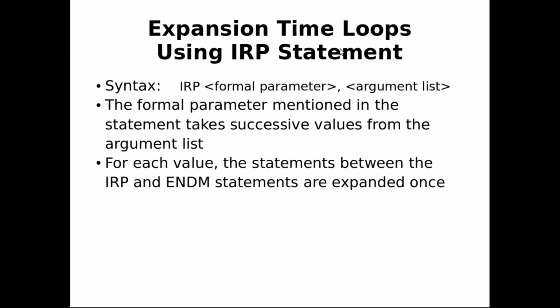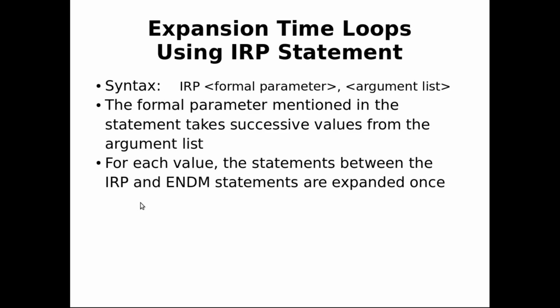And finally, it will take the value of the third argument and again process the statements between the IRP and the ENDM statement, which means the loop will be repeated as many times as there are arguments in the argument list. So if there are 5 arguments in the argument list, the loop will be repeated 5 times. If there are only 3 arguments, the loop will be repeated 3 times.